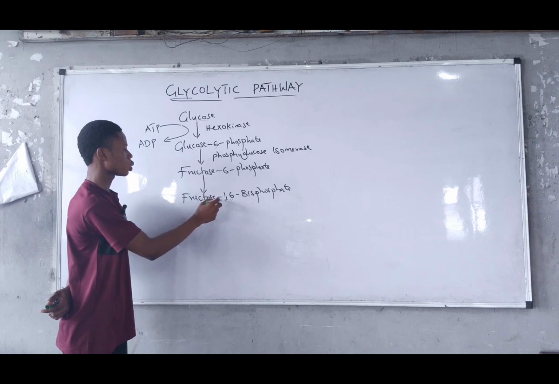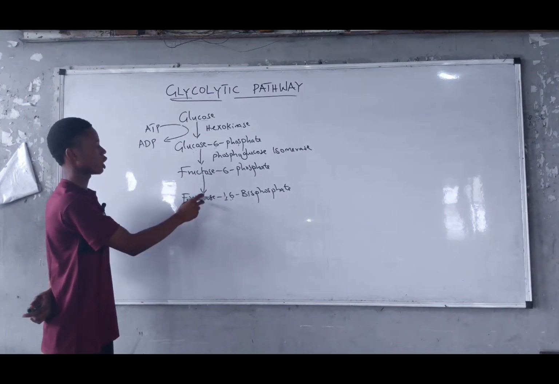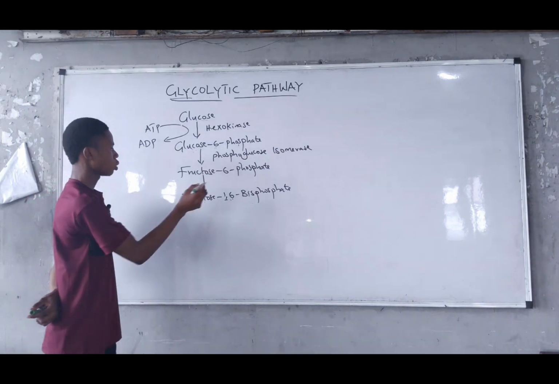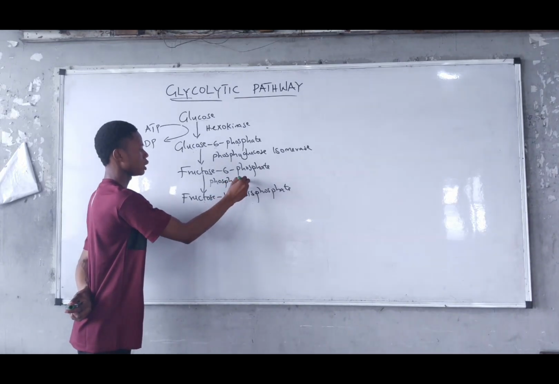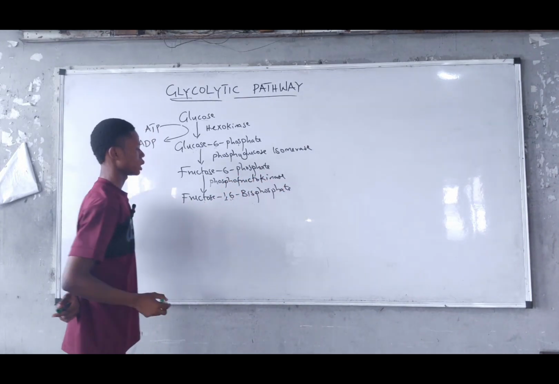Now, the name of the enzyme catalyzing the reaction from fructose-6-phosphate to fructose 1,6-bisphosphate is called phosphofructokinase.